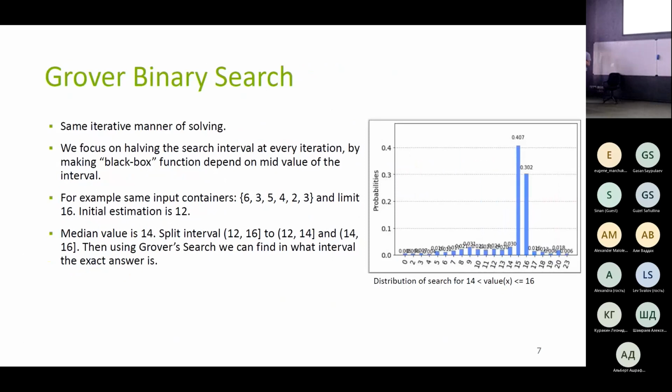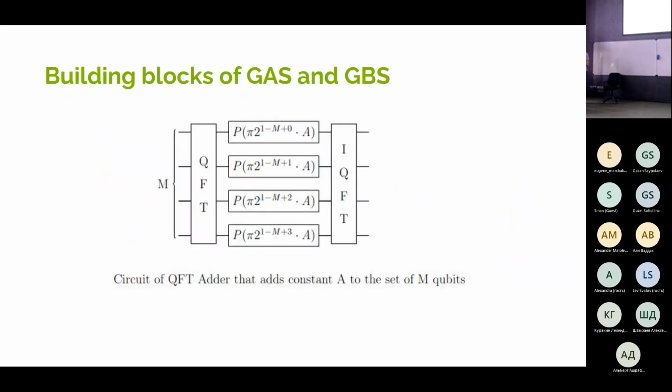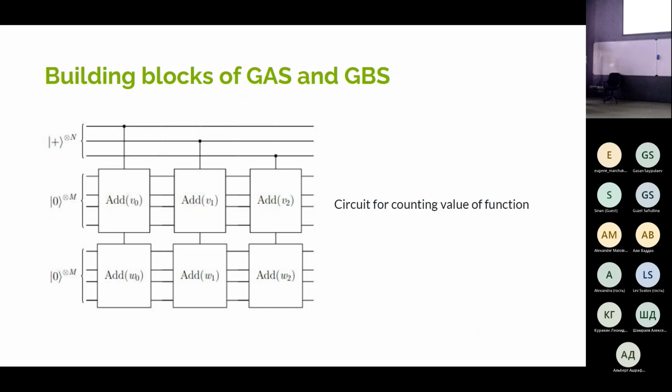So we used already well-studied techniques. First of all, we used the quantum Fourier transform addition method to add the constants, which are just the masses of the containers in our case, to the register of qubits. And we had to use a controlled version of them to entangle the value of the function with the state that we put into the function.